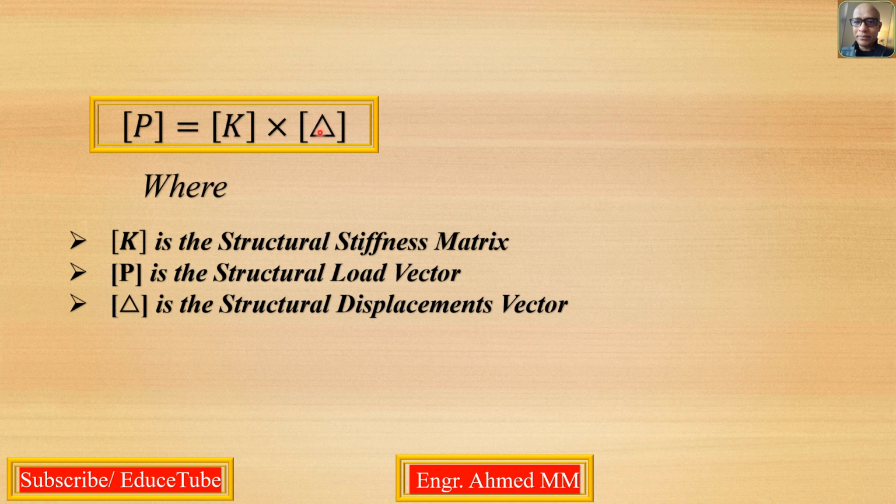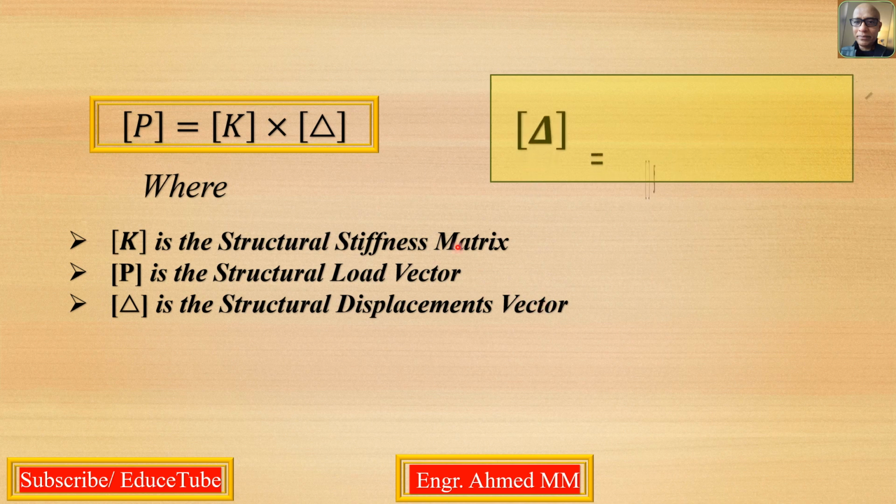This del is a vector representing the displacement, both translational and rotational, of the structure at its nodes relative to the global axis. And we call it the structural displacement vector.